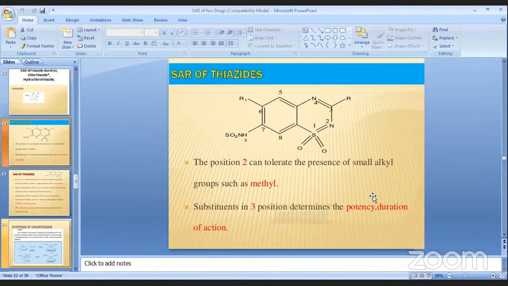That is, it can eliminate salt from the body. The saluretic activity increases.